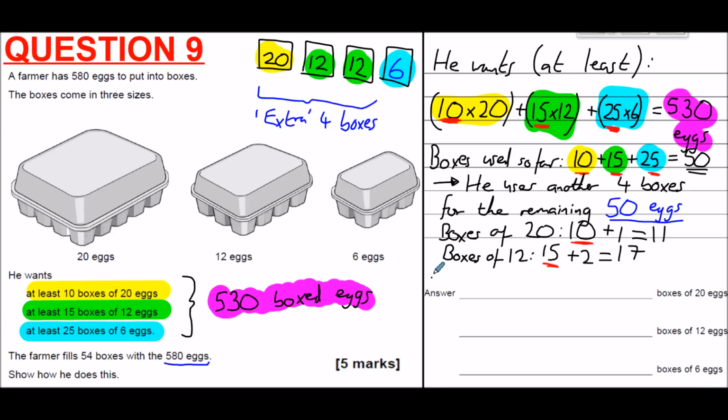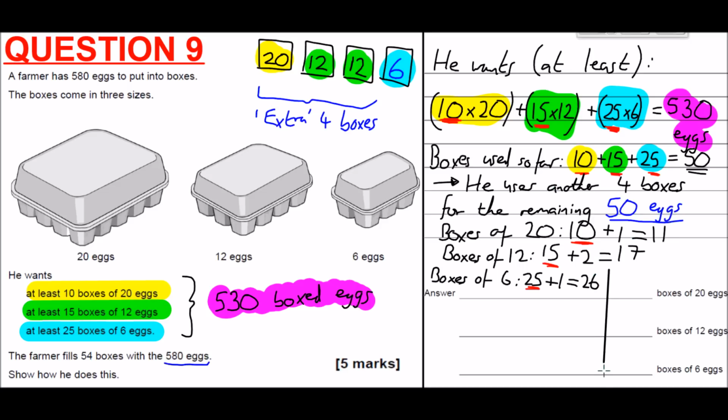And finally, boxes of 6. To begin with, he said 25 boxes of 6 at least. But then from those extra 4 boxes, we can see that we needed another 1 box of 6 at the end. So 25 boxes of 6 plus 1 extra box of 6 would give us 26. And so those are our totals.